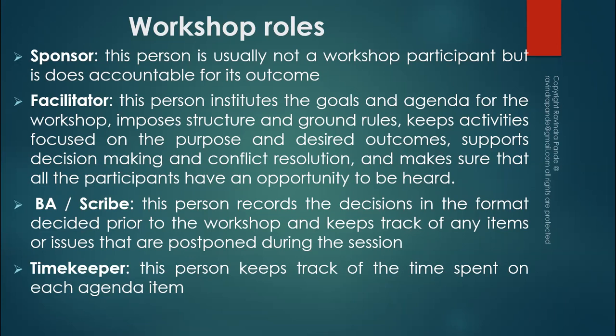The timekeeper is a person who keeps track of the time spent on each agenda item during the meeting, because as we've seen, in Agile Scrum, everything is templatized, everything is parameterized. So even the daily Scrum meet has a time limit of 15 minutes. We shouldn't cross that. Or we have a 5 minute buffer there, but still we don't want to use it.